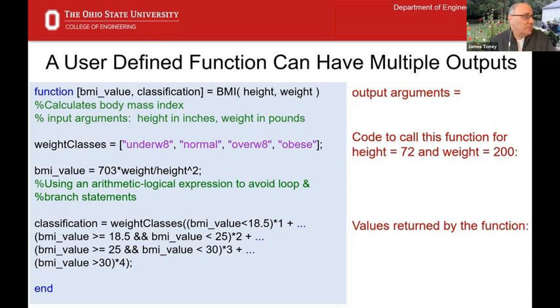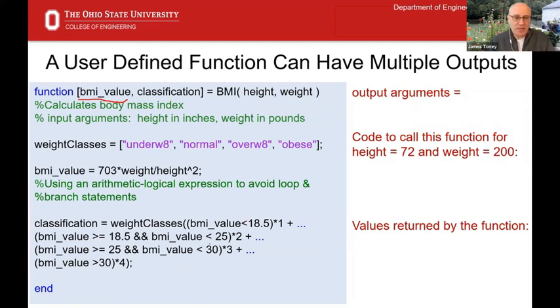All right, so you pass it the height and weight just like before, calculates the BMI value just like before. That value gets passed as one output. But then we also determine the classification. You see I've got a long logical expression here. And this is that technique I showed you last time, where you have different relational operators that are all complementary.